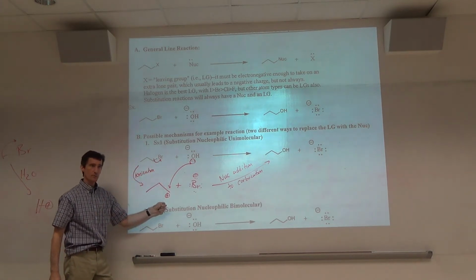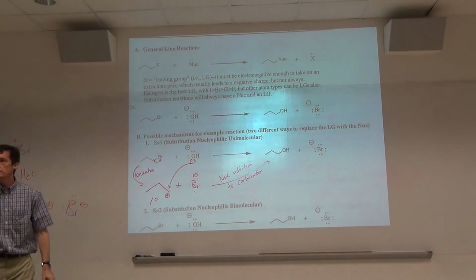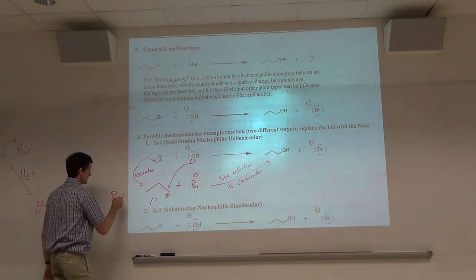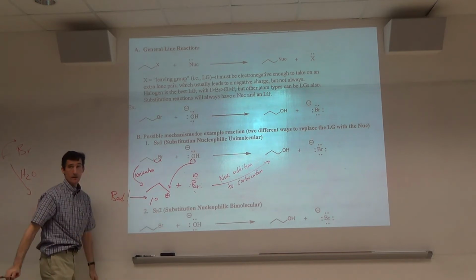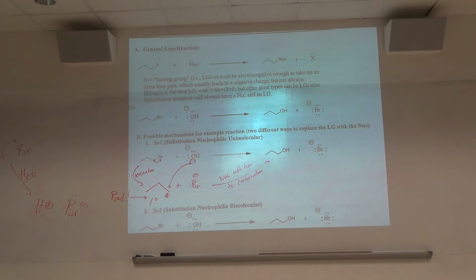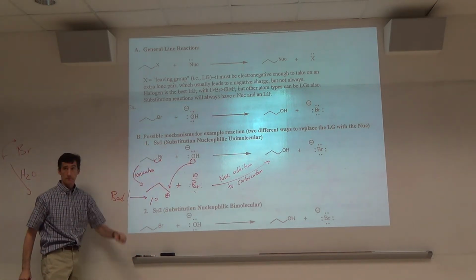What type of cation did we make? Primary. What do you know about primary cations? They ain't good. Okay? So my mechanism shows a cation that ain't good. So is this a good mechanism? No. Well, what I just showed is an SN1.